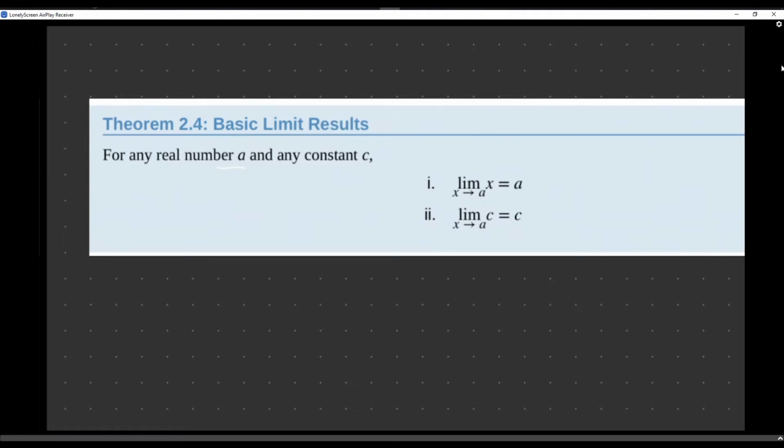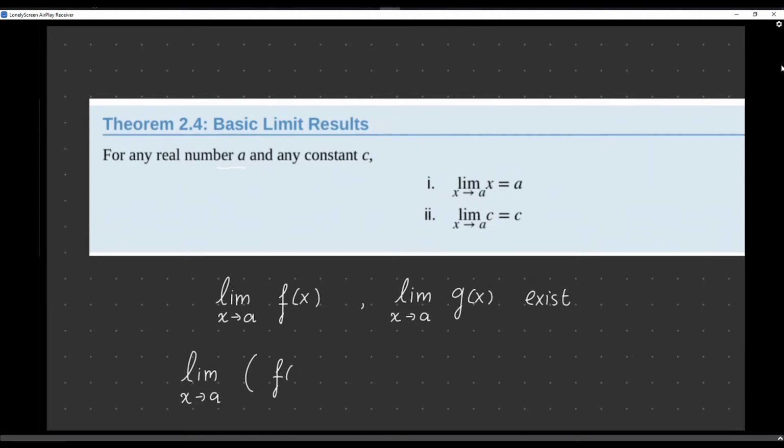Let's say we suppose the limit as x approaches some number a of some function f of x, and the limit as x approaching a of some function g of x exist. Then what can we say about the limit as x approaching a of the sum f of x plus g of x?